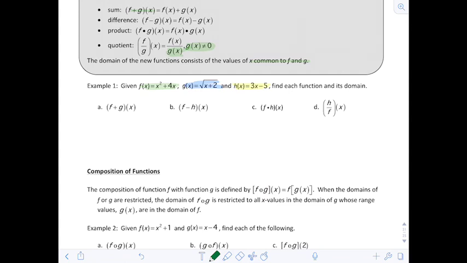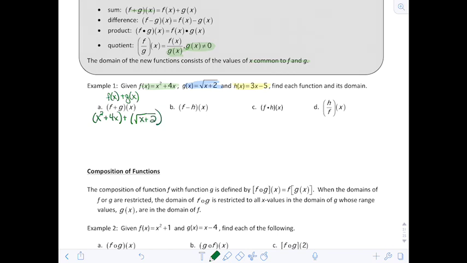We have f plus g of x. Well, what we're going to do is we're going to take f of x, which is x squared plus 4x, and to that we're going to add g of x, because remember, this is the same as f of x plus g of x. So we can literally write the f of x function plus the g of x function, the square root of x plus 2.